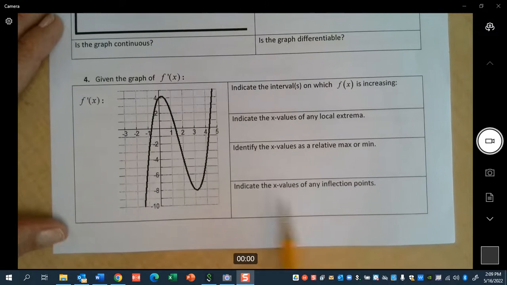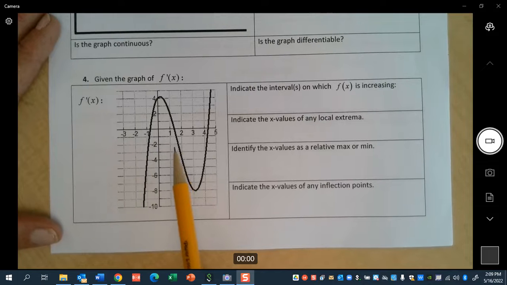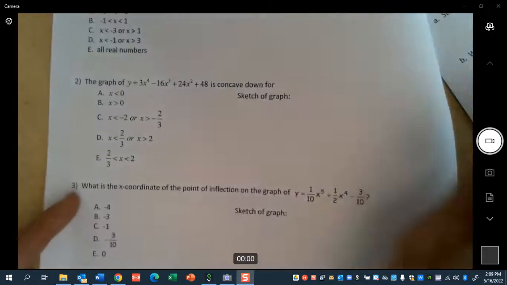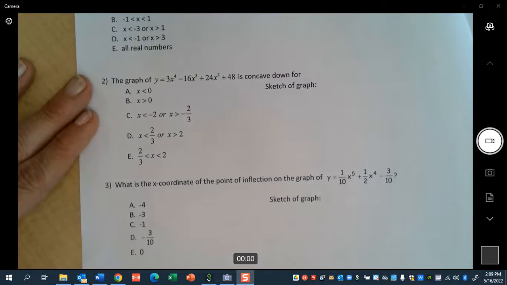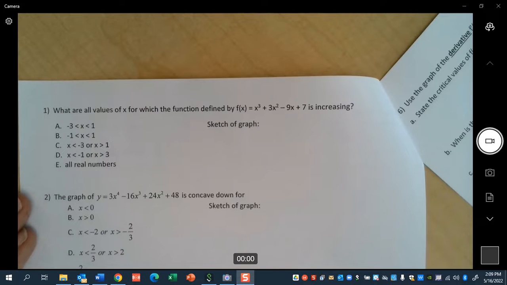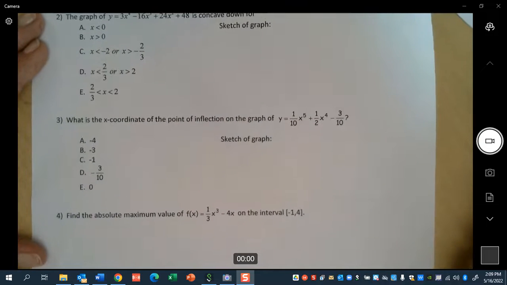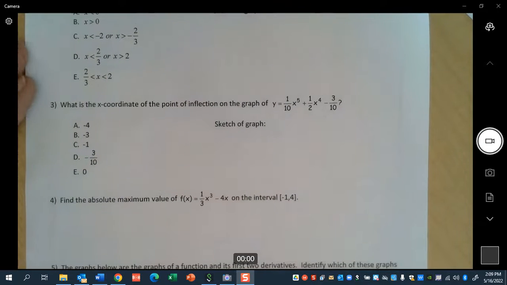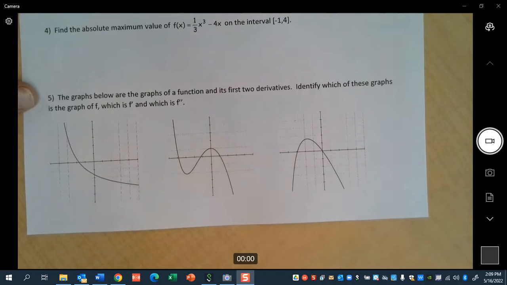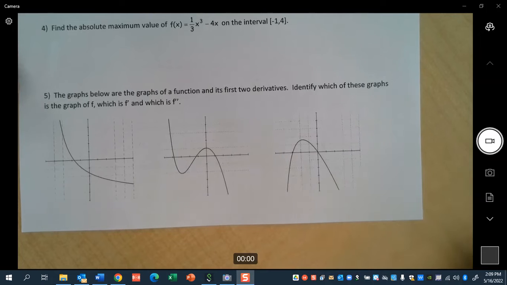A review of writing down intervals that fit this. On the next page, some multiple choices about increasing, concavity, points of inflection, absolute maximums, matching position, acceleration, and velocity.